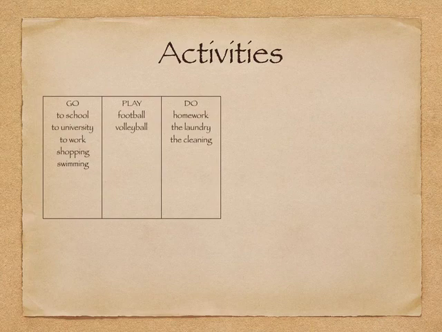That's why we call it homework. Do homework. And you can say do the laundry. Do the laundry, right? Next, do the cleaning. So when you say I do the cleaning, it means that you do the cleaning in your house.